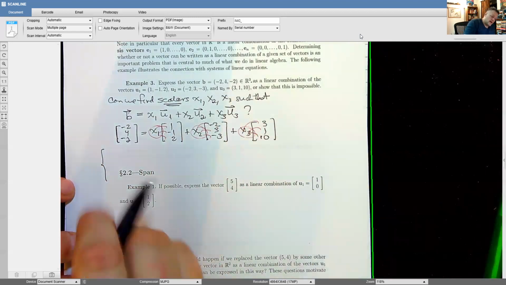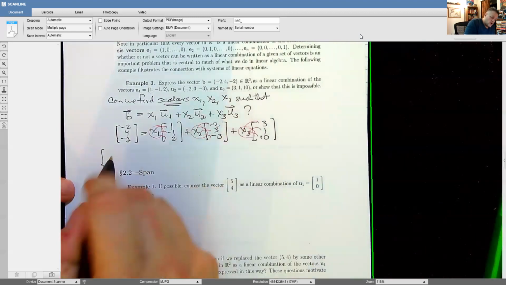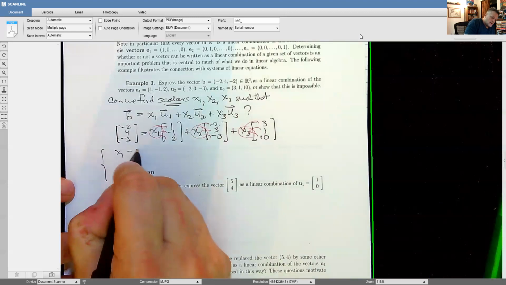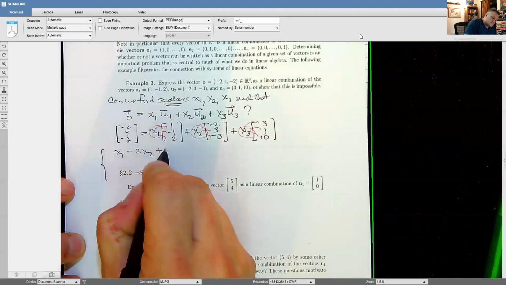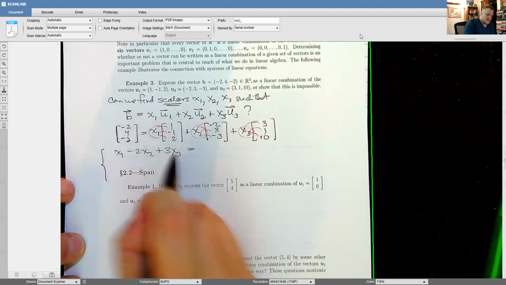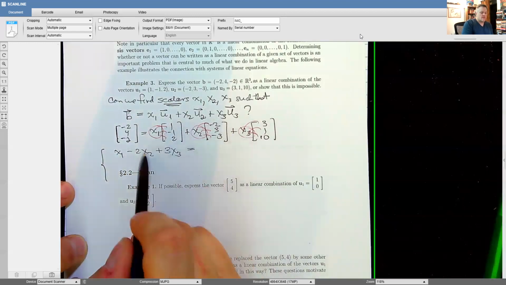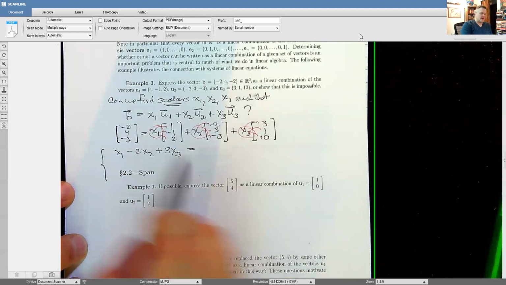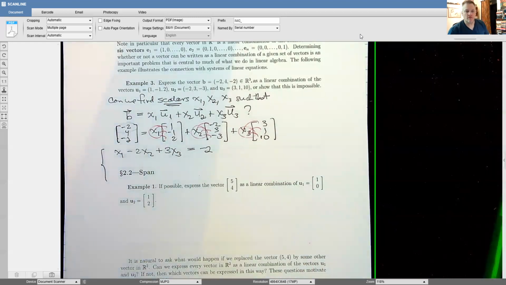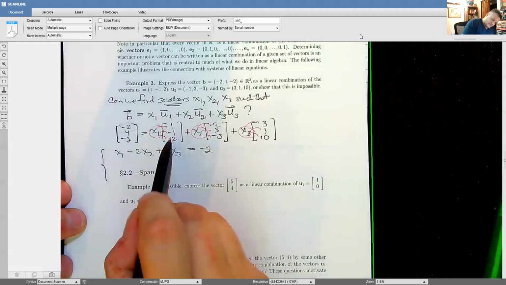And so let me just do that. Just reading straight across, I have x1 minus 2x2 plus 3x3. That'll be the first component of the sum vector on the right side. That has to be minus 2. 2 vectors are equal if and only if corresponding components are equal. Okay, so it has to be minus 2.